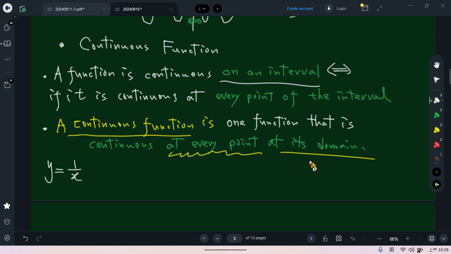I'm asking you, if y is equal to 1 over x, is it a continuous function? Yes or no? Try to guess.